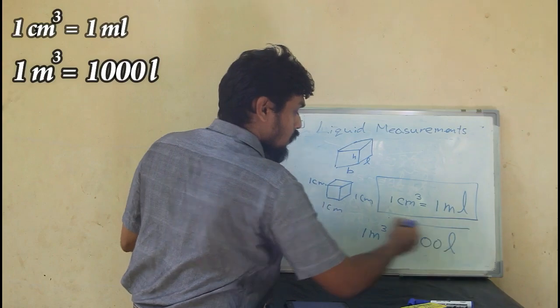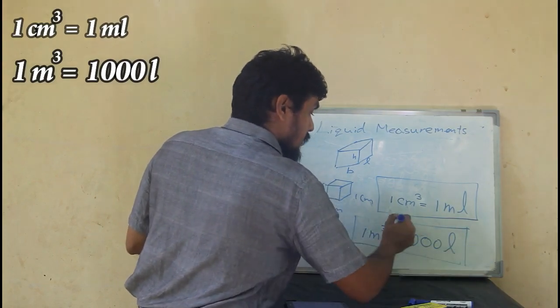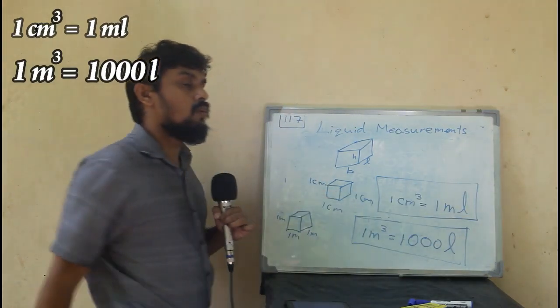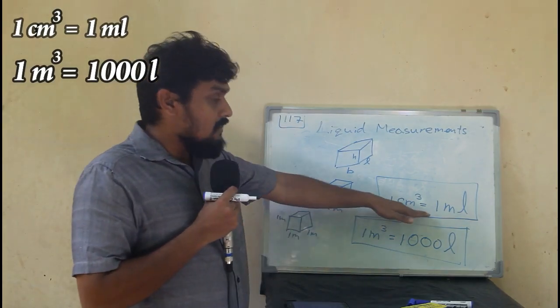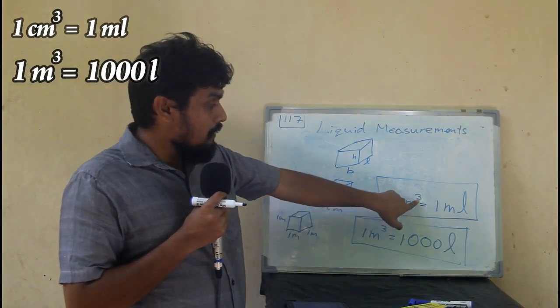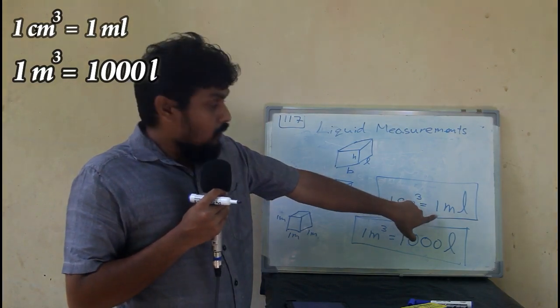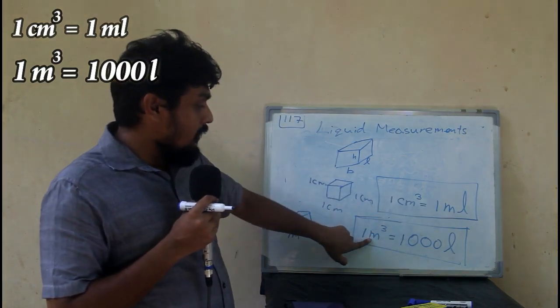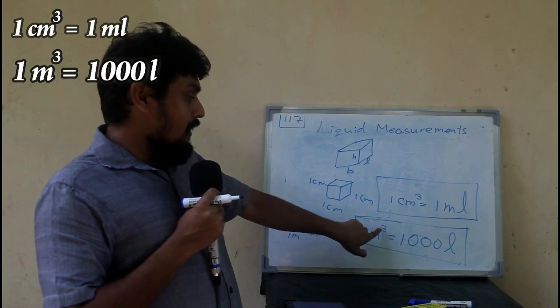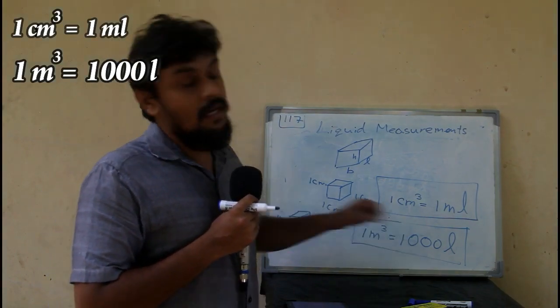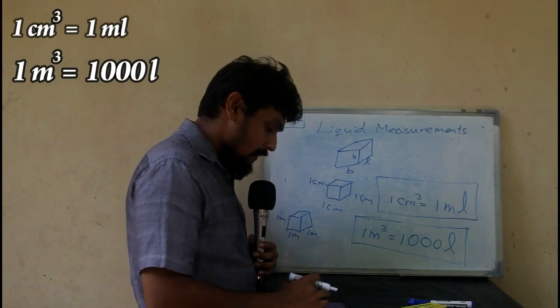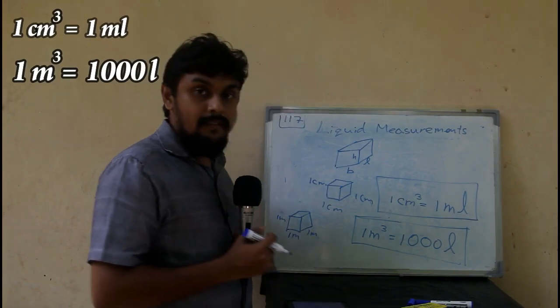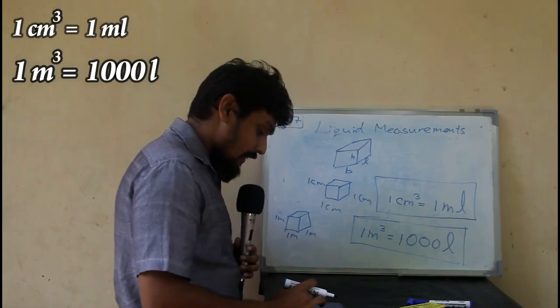These two formulas are very important for your calculations: 1 cubic centimeter equals 1 milliliter, and 1 cubic meter equals 1000 liters. This is very important in the grade 9 liquid measurement lessons.